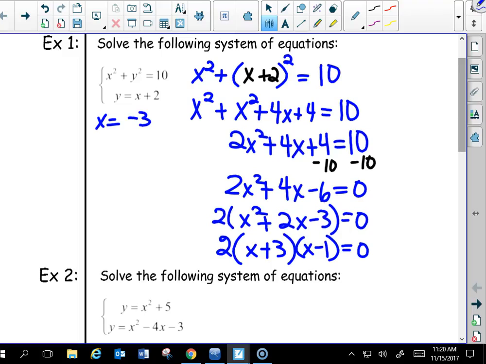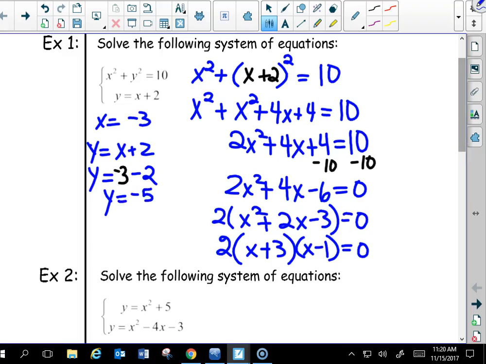I have to calculate the y's because the quiz for this section is going to ask you for both the x and y pairs on all the problems. So if x is negative 3, I'm just going to use that second equation in the system of equations, y equals x plus 2, and put in a negative 3. And it looks like y equals negative 5.